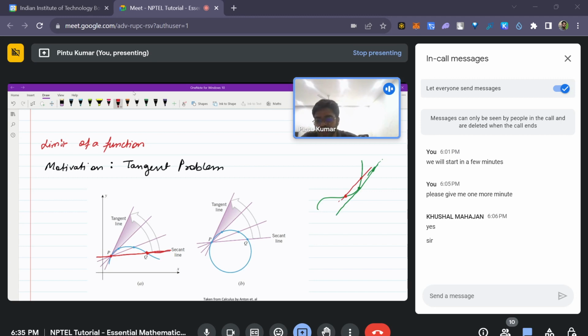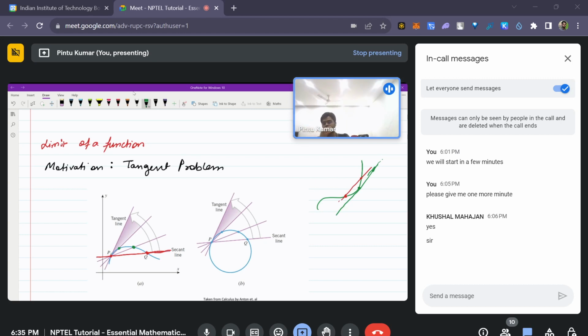Then they reduced the distance between these 2 points. The next time they took a closer point and calculated the slope of that line. Then again they made the point closer and calculated the slope. If you keep taking points closer to this particular point, eventually you will get the slope of this tangent line.